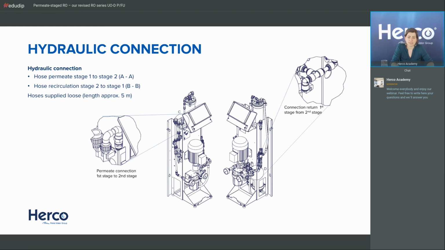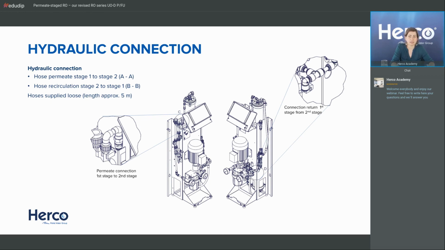For the smaller units, you have the same diameter for A and B connection, but because of the labeling, it should also be 100% clear where you connect which hose. The BB connection, you see that on the unit in the drawing on the right-hand side. That's also pretty clear where you can find it.